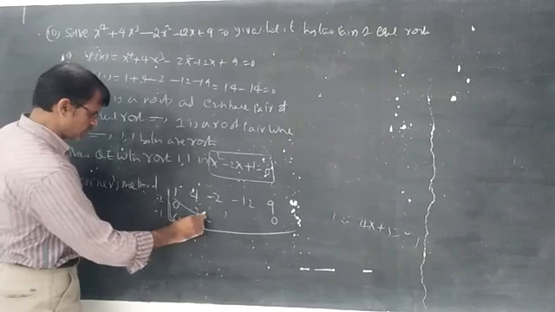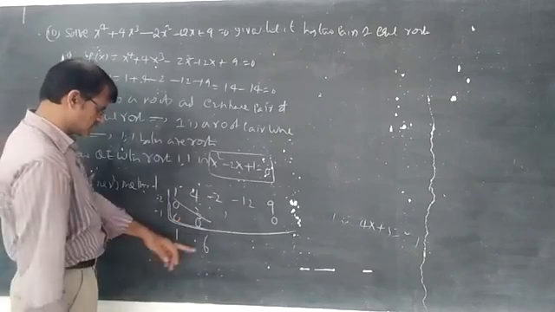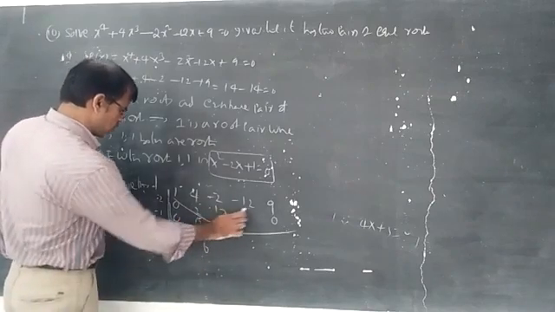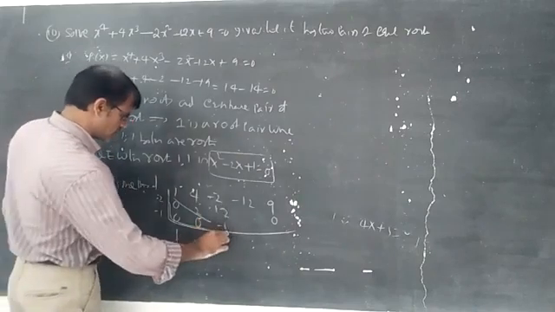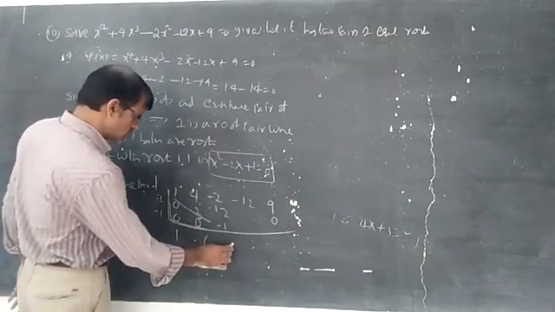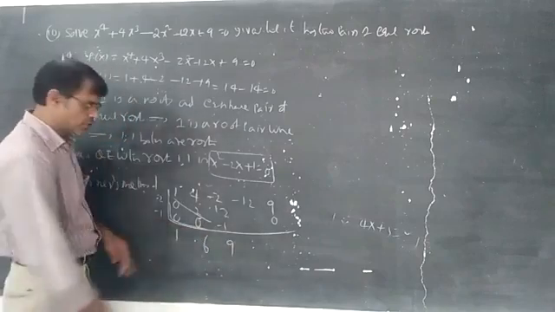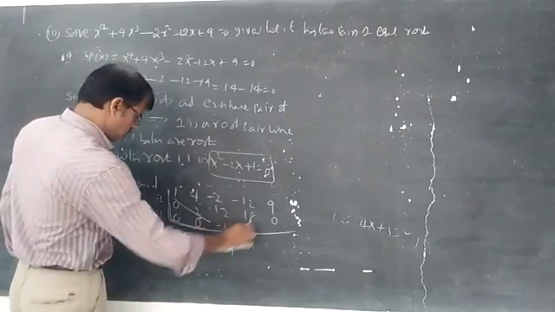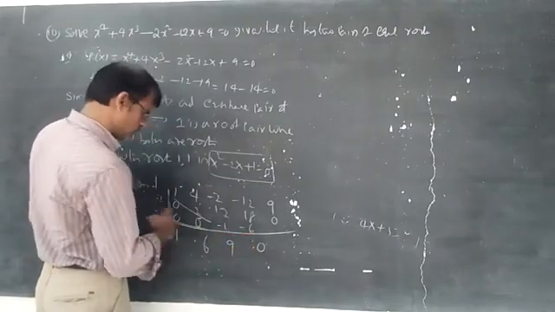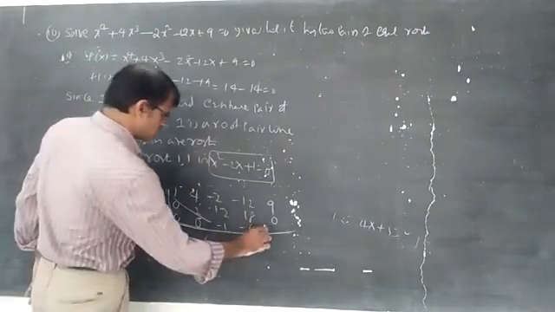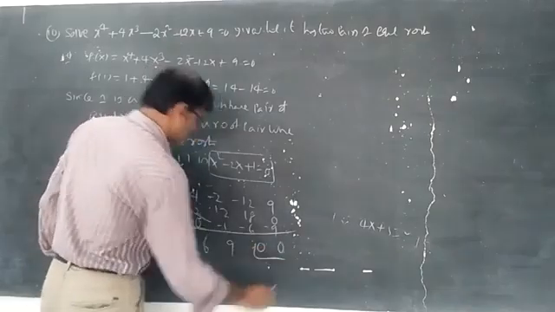This is 1 into 2 becomes 2. Here 4 plus 2, 6. 6 twos are 12. Here 12. And here 1 into minus 1, minus 1. 12 minus 3 becomes 9. 9 into 2, this is 18. And 6 into minus 1, minus 6. Of course this is 0. 0 into 2, 0. And 9 into minus 1, it is 0.